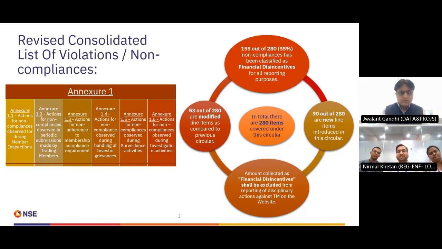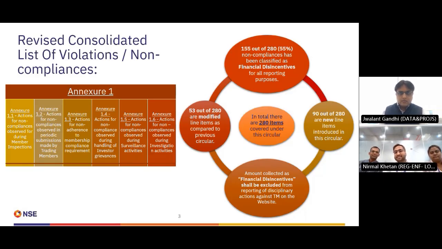Similarly, 1.3 has the non-compliances for member compliance departments, followed by the ISC department in 1.4. Thereafter, the surveillance and investigation activities are in 1.5 and 1.6. So all such penalty items are bifurcated by the departments that handle them, and accordingly, it is a comprehensive structure available in one place.